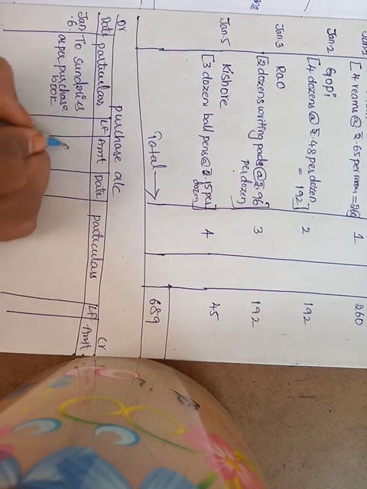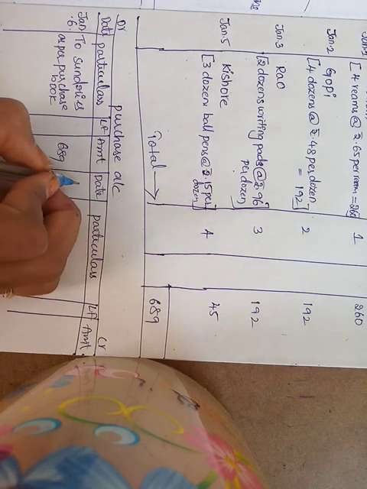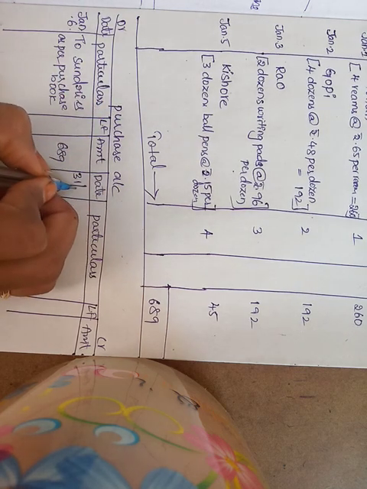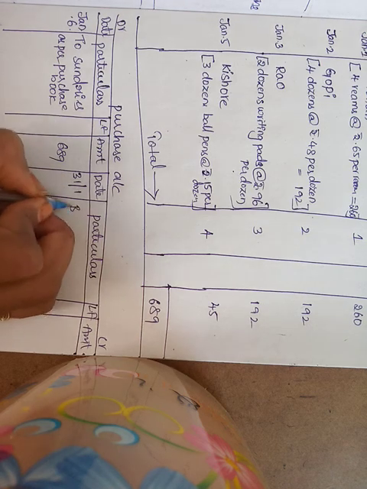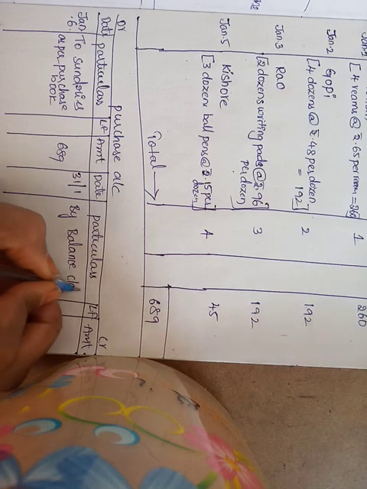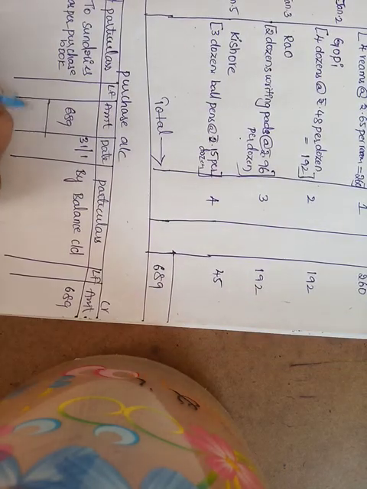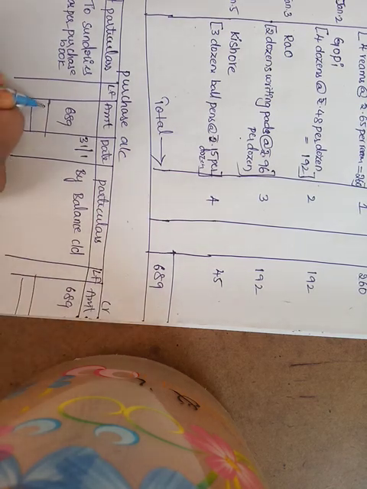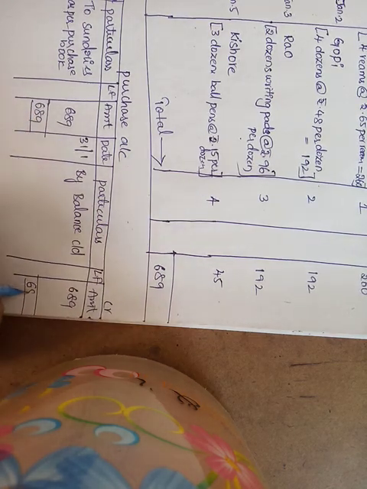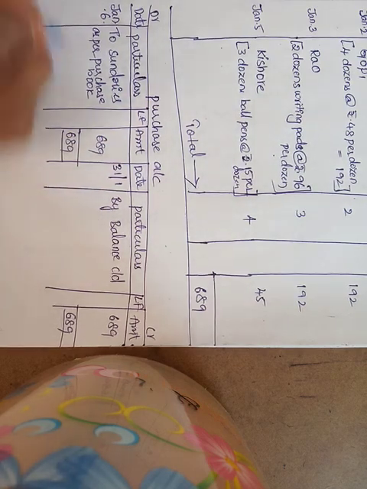Total is how much? 689. Okay, so close on which date? On 31st Jan, by balance carried down, 689. Now close this account. 689, 689. Okay, so this month's closing balance is next month's opening balance.